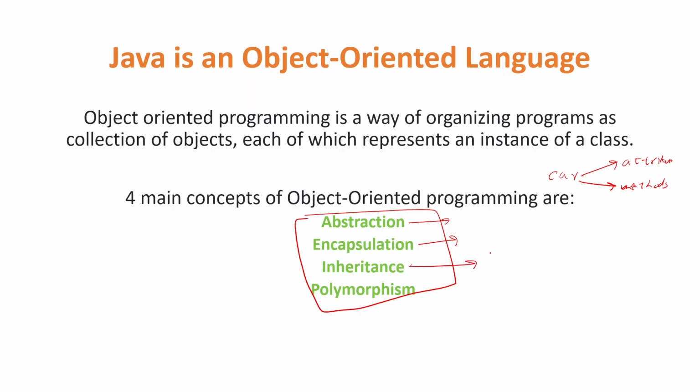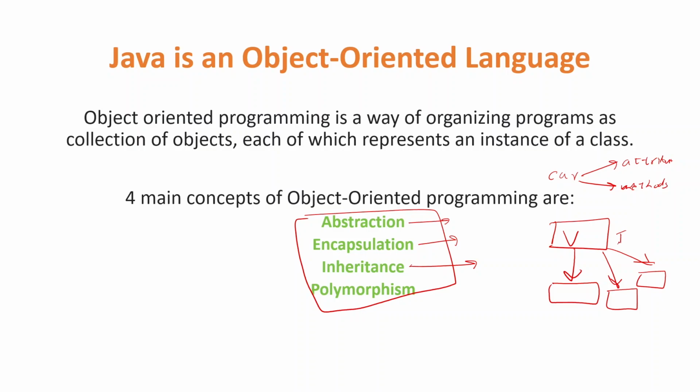Inheritance means one class can acquire properties of another class. We have a parent class, the Vehicle class. In the Vehicle class, we have some properties, that means color, model, manufacture year, then vehicle type, this kind of thing. Then a car or truck or bike, any other vehicle can acquire these common properties from this class.